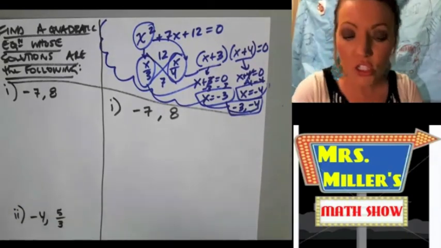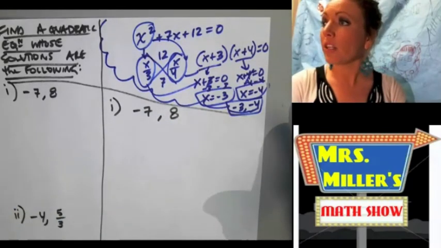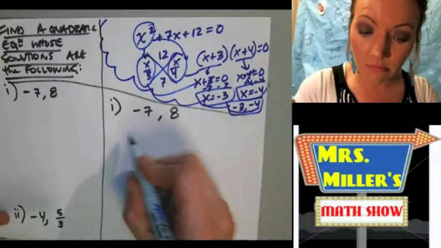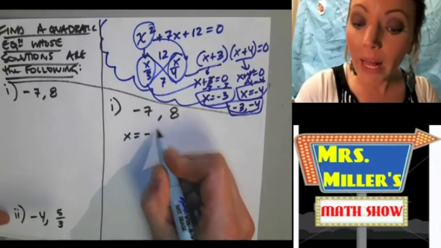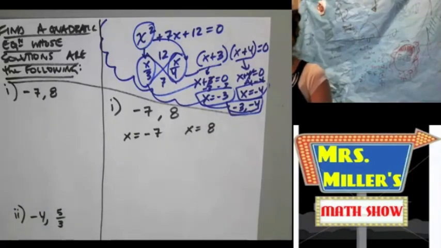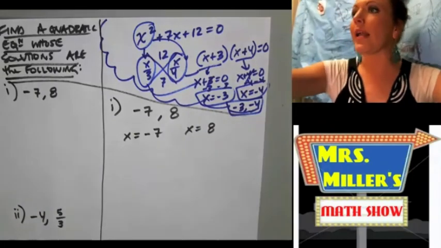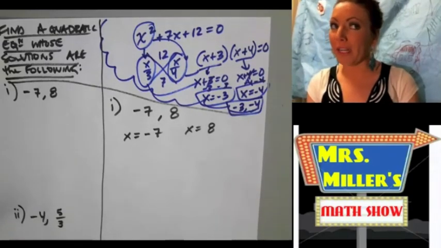So, can somebody tell me where they think we might go with this? Tyler? Plug it in. In what way? Plug it in because they're both equal x. They both equal x. Excellent. So you plug them both in. Okay, so everybody give it up for Tyler.